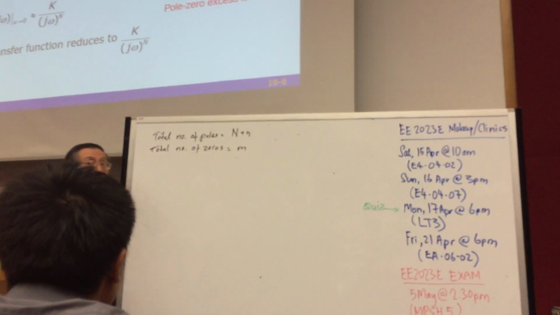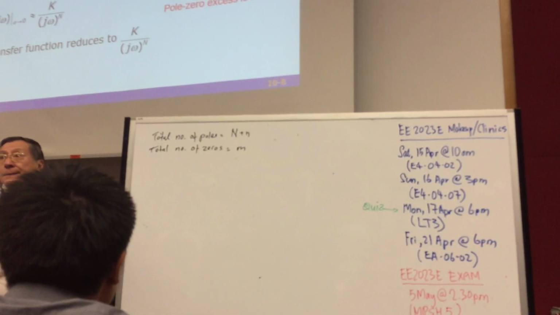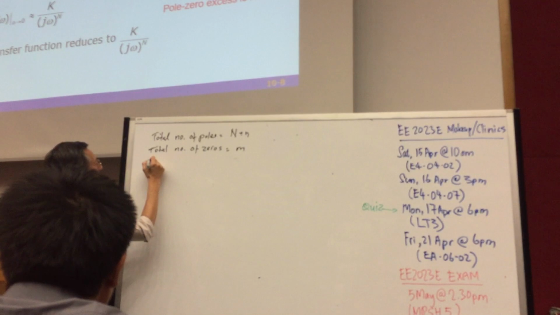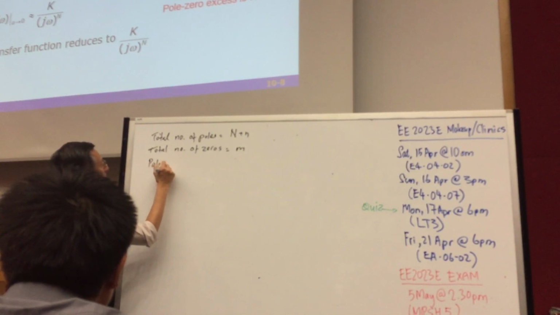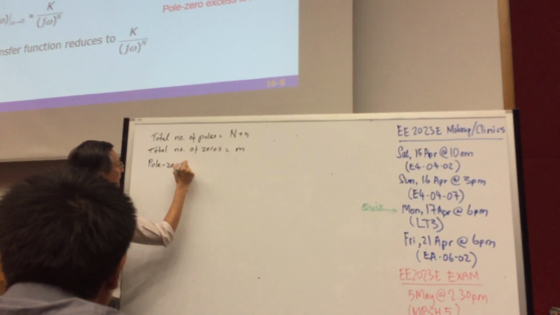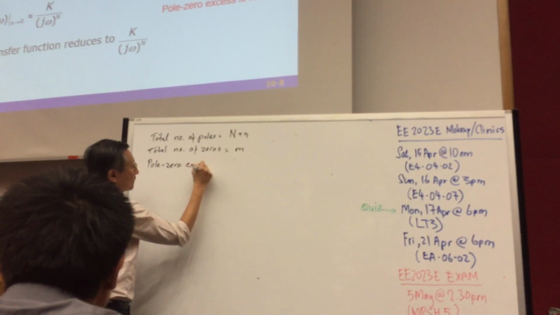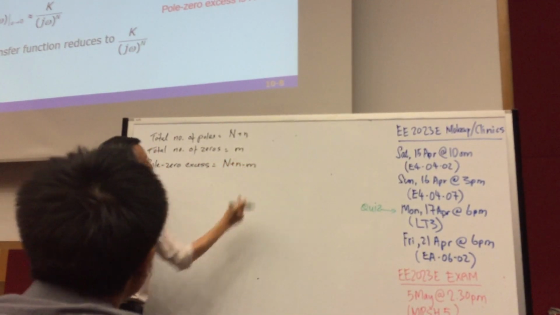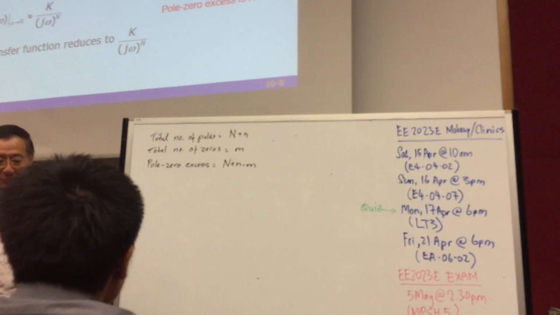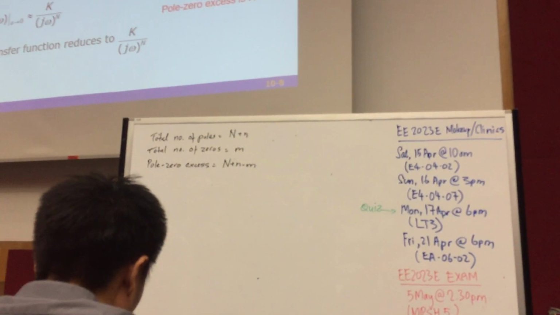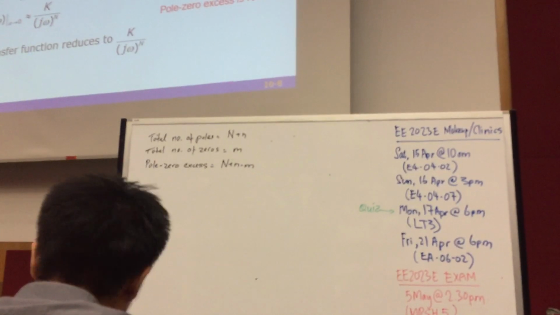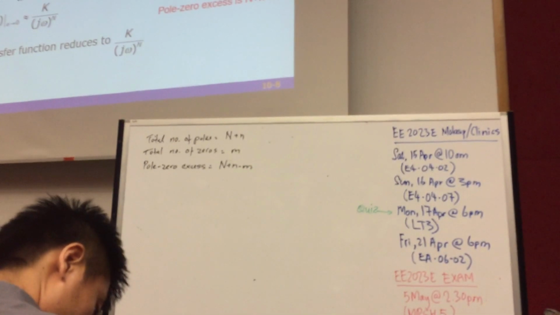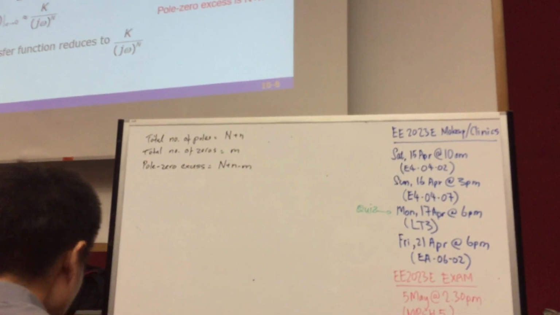The difference is N plus n minus m, and that's what we call the pole zero excess. That means the extra number of poles compared to the zeros is capital N plus little n minus m. Okay?